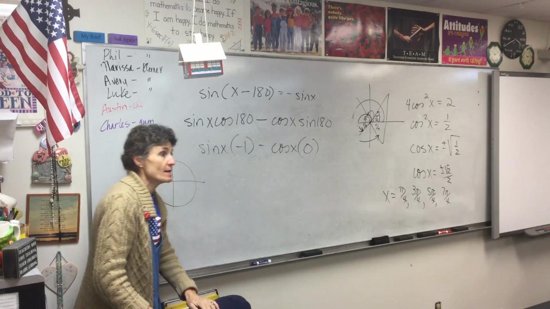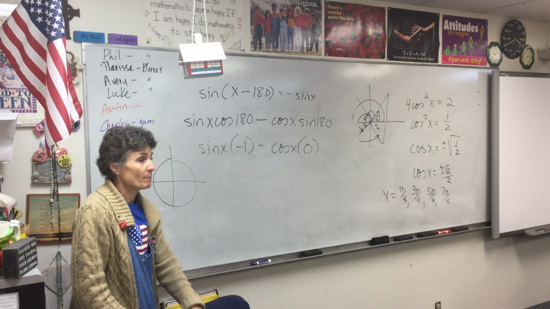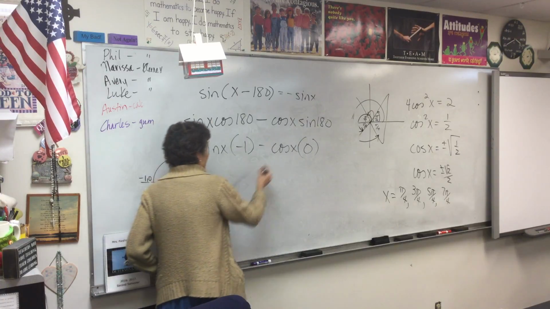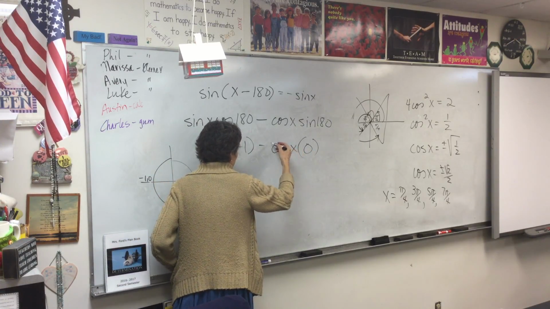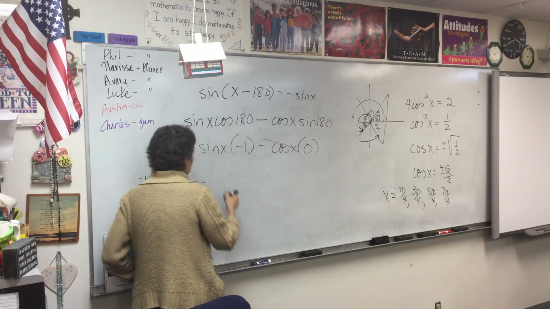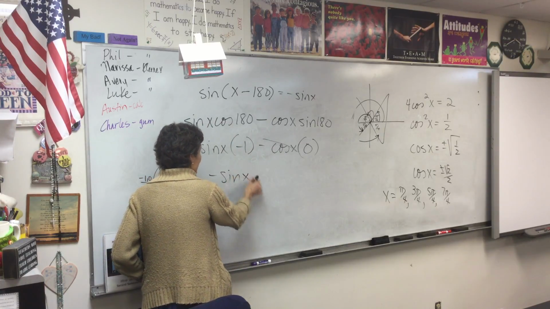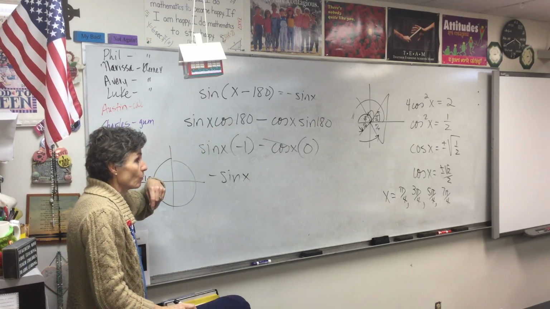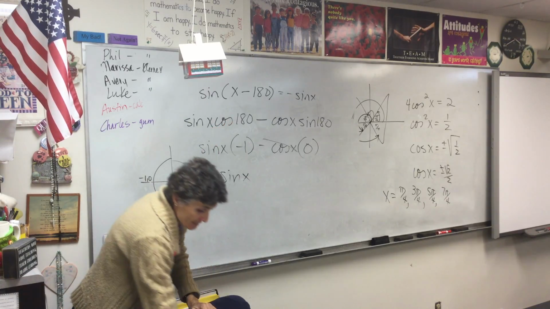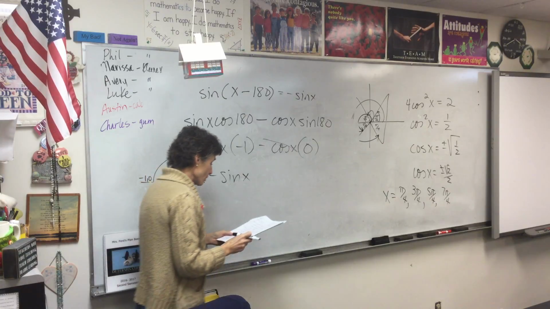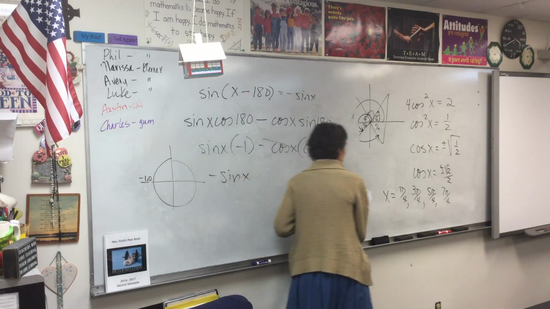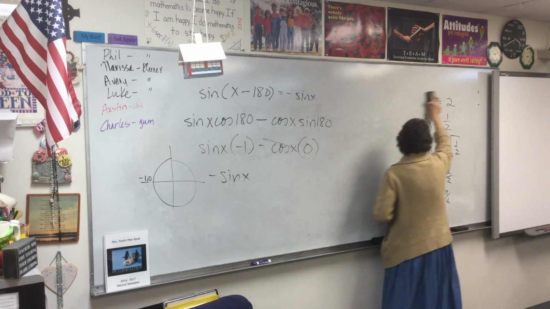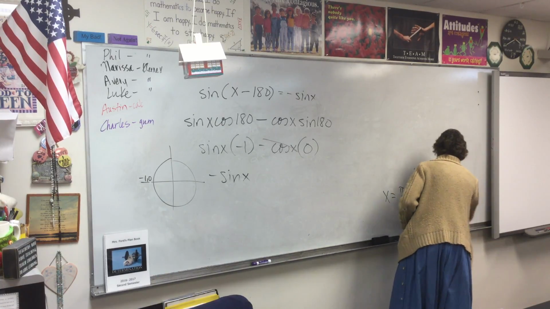Sine and cosine are never undefined. That's why we like them the best. So what happens here? Turns into 0, gone. So all we have left is negative sine, which is what you were hoping for, right? Easy. If we don't know our identities, kids, there's nothing to do except fail. Make sure you know them.